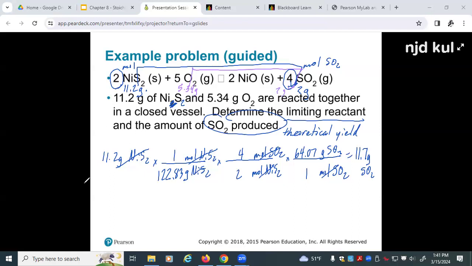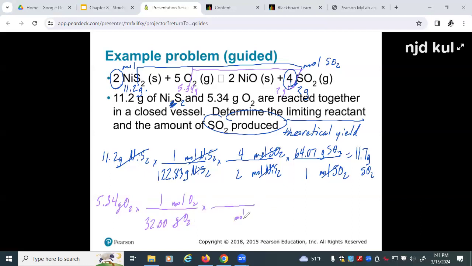So we're going to do the same essential calculation, 5.34 grams of oxygen. My first step is to turn the grams of oxygen into moles. For that, I need the molar mass. Molar mass comes from the periodic table. 16 times 2 is 32. Grams of oxygen cancel out.